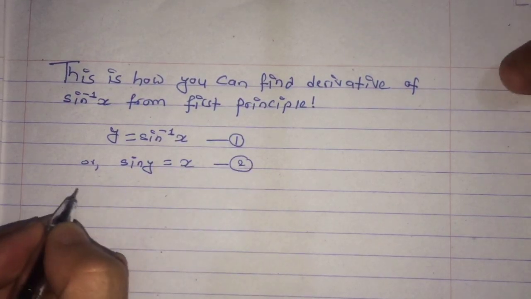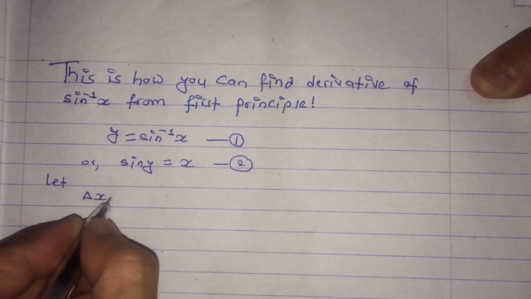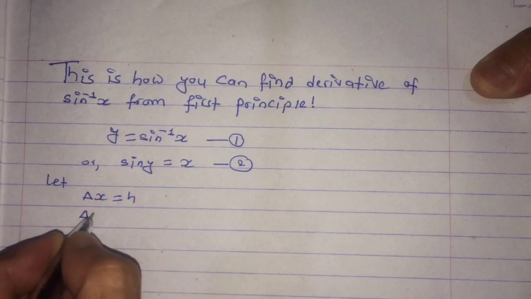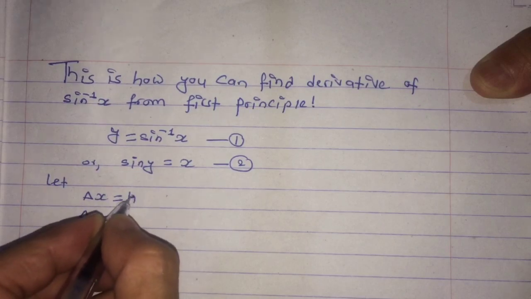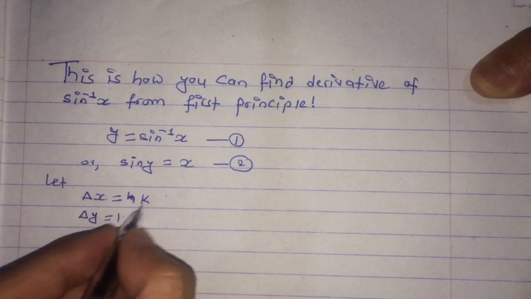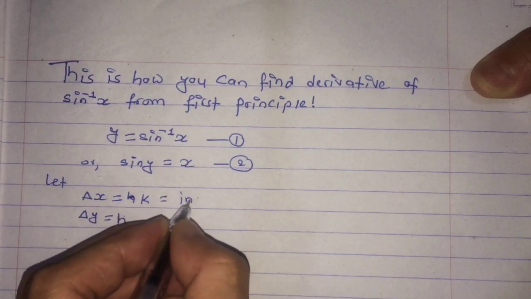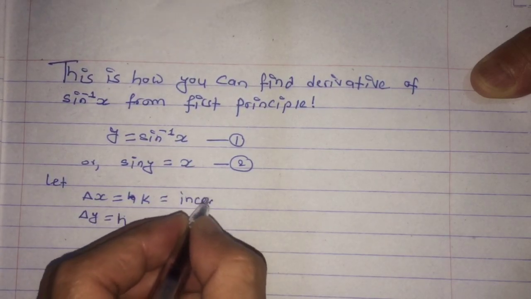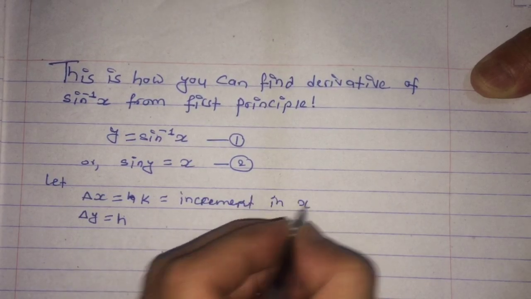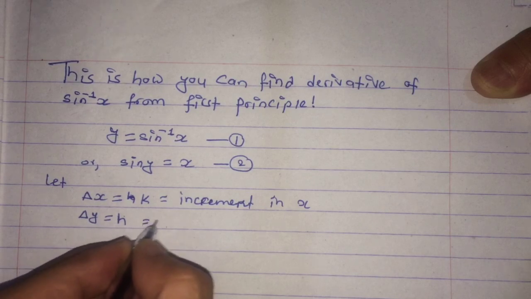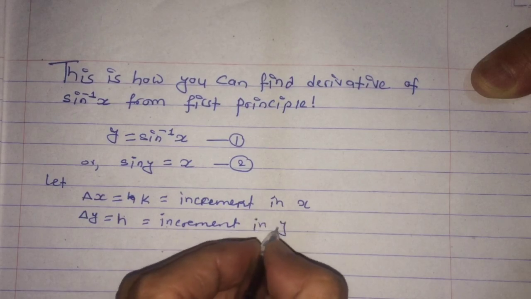Now let del x is equal to k and del y is equal to h, a small increment in x, and a small increment or change in the value of y.